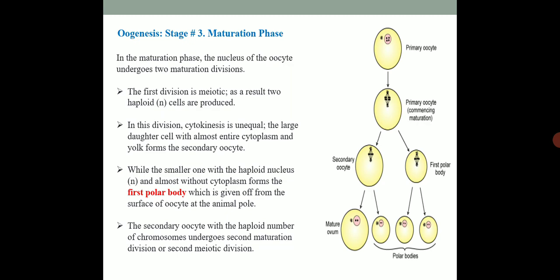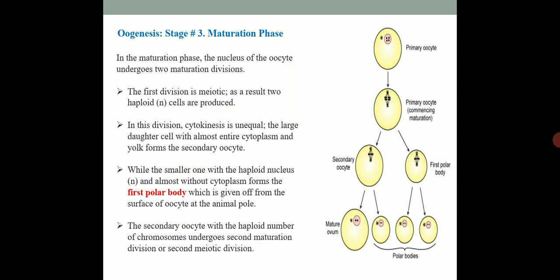Next, the secondary oocyte, which has been formed with the haploid number of chromosomes, undergoes the second maturation division, or the second meiotic division.